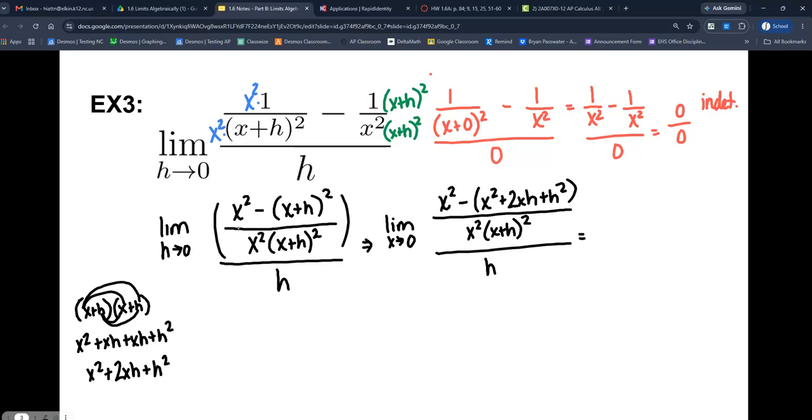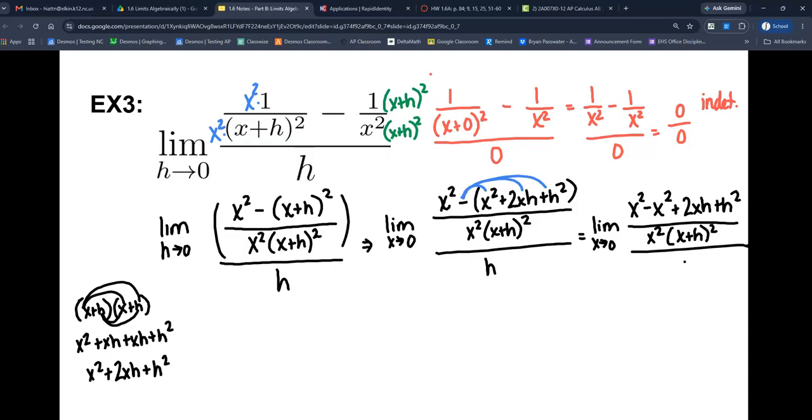On purpose, it is fine if you went ahead and distributed it in that next step. I would if I was not doing this to make sure everybody's following me. That negative has to get distributed to everything here. With the limit as x approaches 0 of x squared minus x squared plus 2xh plus h squared over x squared times x plus h squared all over h.